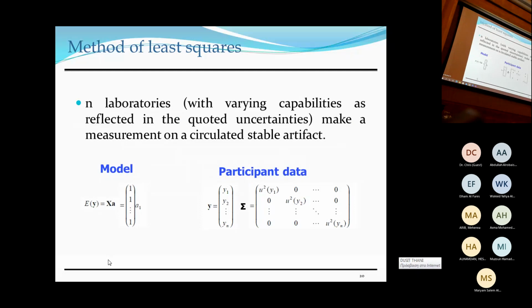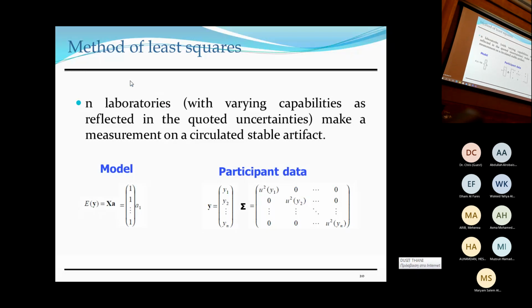Let's assume that there are n laboratories with varying capabilities as reflected in their quoted uncertainties, and they make a measurement on a circulated artifact. Because you have a lot of similar things here, it's easier to deal with them in matrix form.